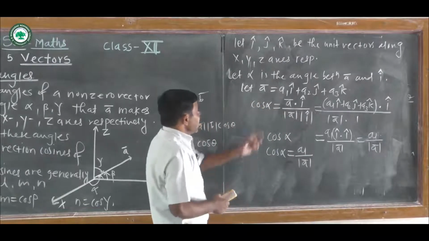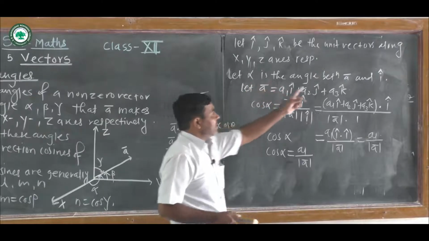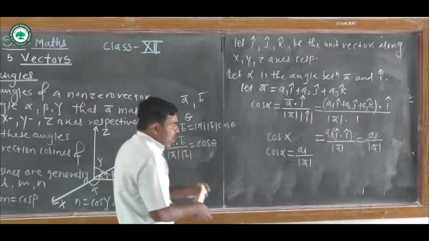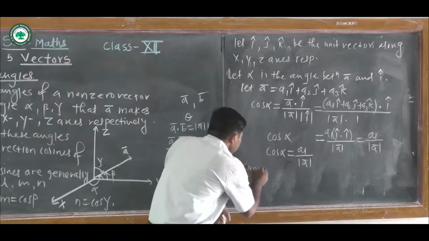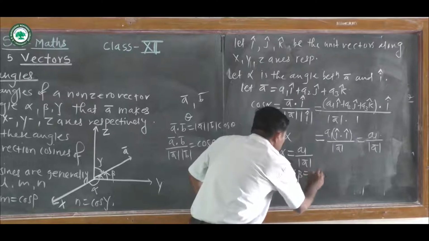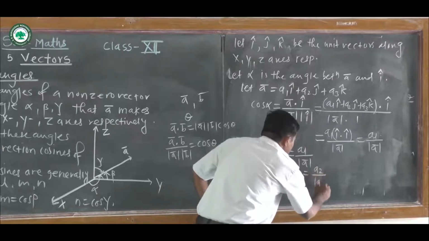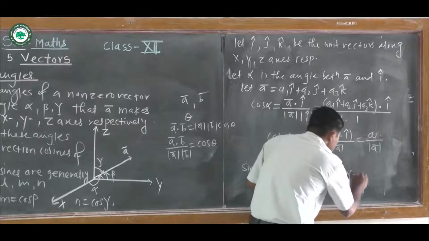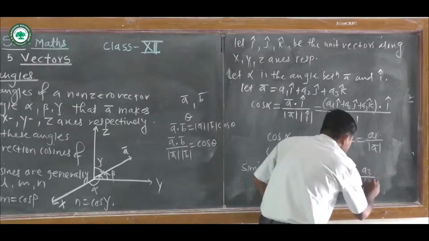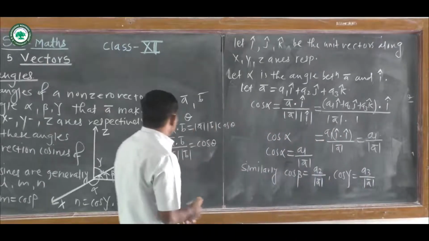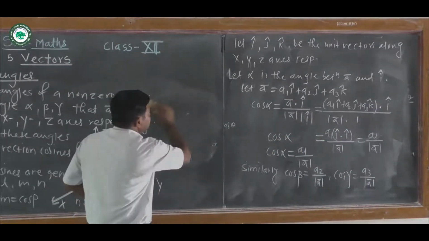Similarly, beta is the angle between vector a and j cap, and using this formula we get cos beta is equal to a2 divided by magnitude of vector a, and cos of gamma is equal to a3 divided by magnitude of vector a. So here we have the values of cos alpha, cos beta and cos gamma.